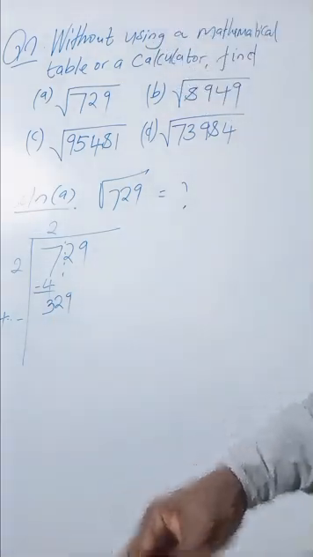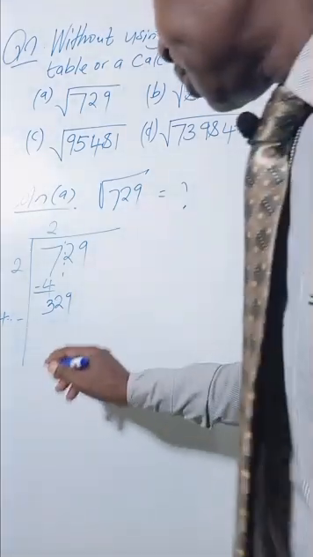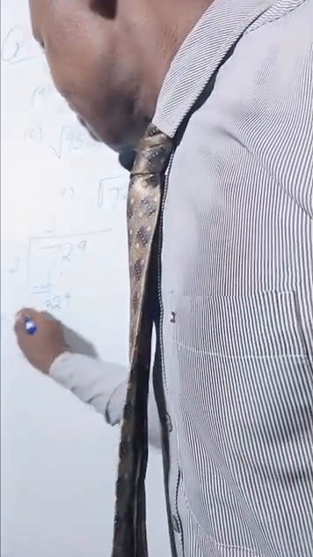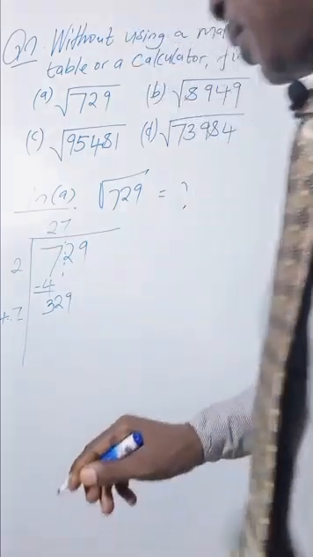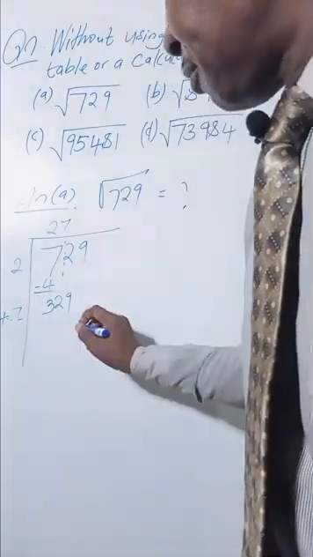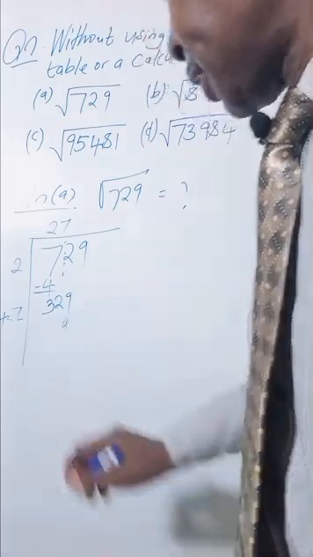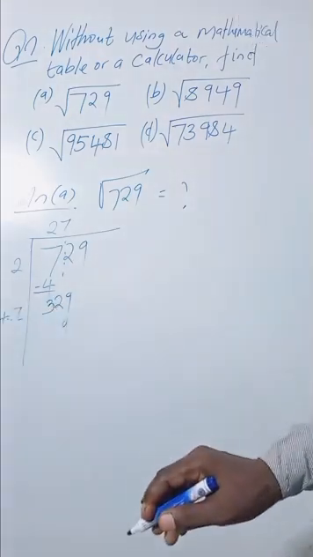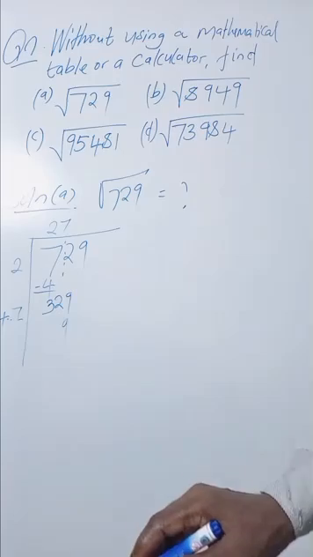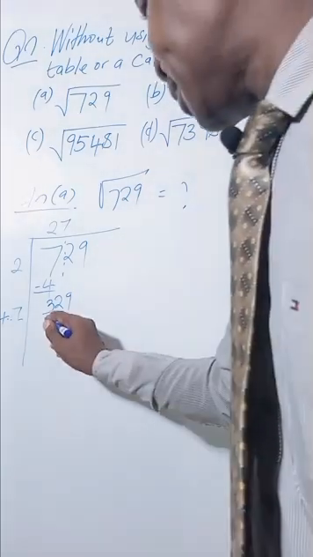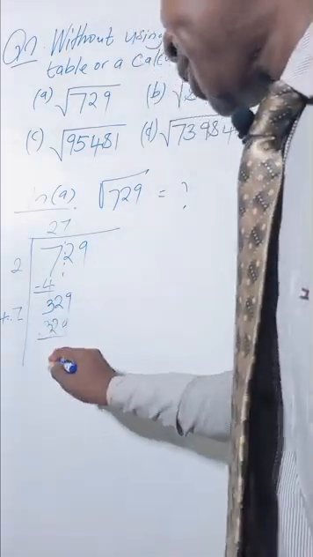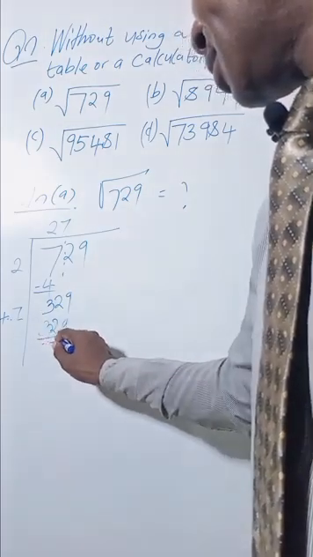What do we do now? Let's put 7. So put here 7, and we put there 7. 7 times 7 is 49. We write 9, we carry 4. 7 times 4 is 28, plus 4 is 32. Okay, when you subtract here, nothing remains.